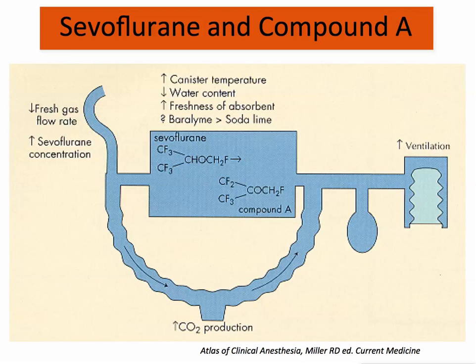If you have low fresh gas flow rates, normally we use at least 2 liters per minute while we're using sevoflurane, high sevoflurane concentrations, high canister temperature, low water content, it's dry, then compound A can be formed. However, compound A in humans, even in patients with renal dysfunction, does not seem to be a big issue clinically.